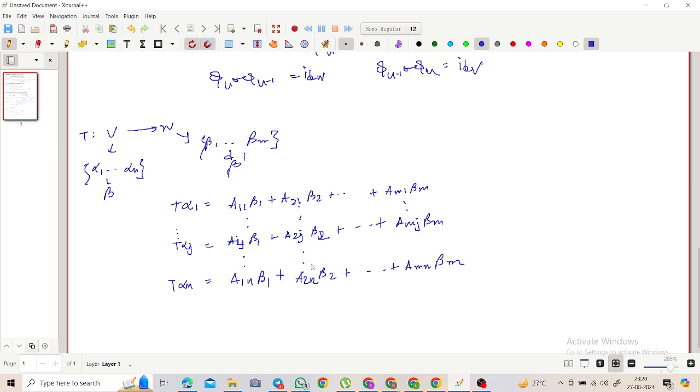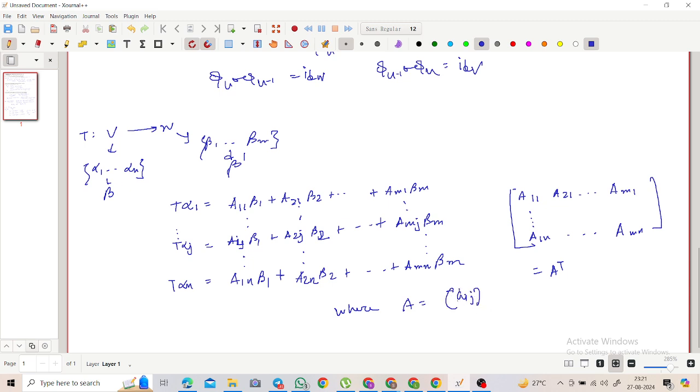If you look at it, these coefficients form a matrix, right? What are the coefficients if you just write them down? You see that this is A transpose, where A is Aij.